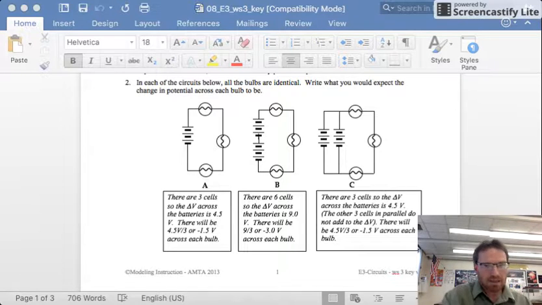I also thought it was an interesting way to derive the idea that the equivalent resistance for resistors in parallel is 1 over total resistance equals 1 over the resistance of resistor 1 plus 1 over the resistance of resistor 2 and so on.